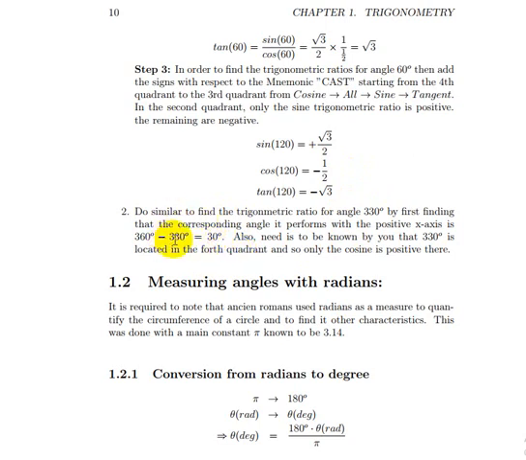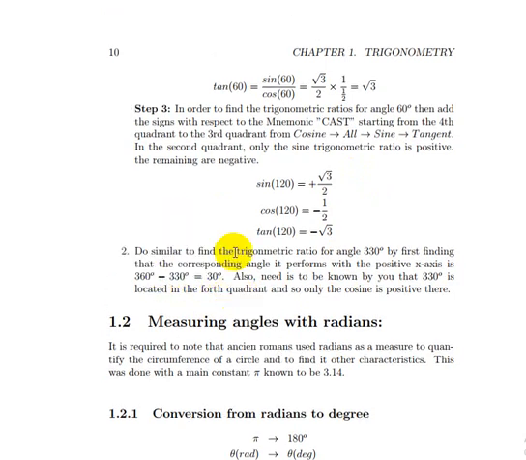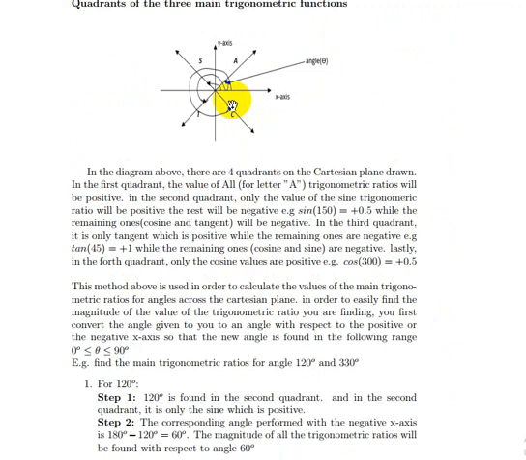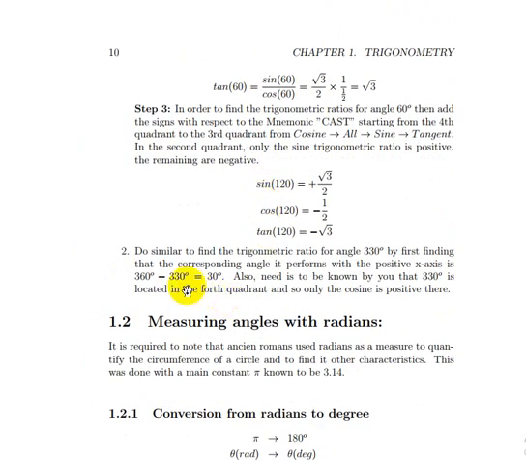Cos is the only one which is positive in the fourth quadrant. So sine 330 degrees equals negative half, cos 330 equals root 3 over 2, and tan 330 equals negative root 3 over 3.